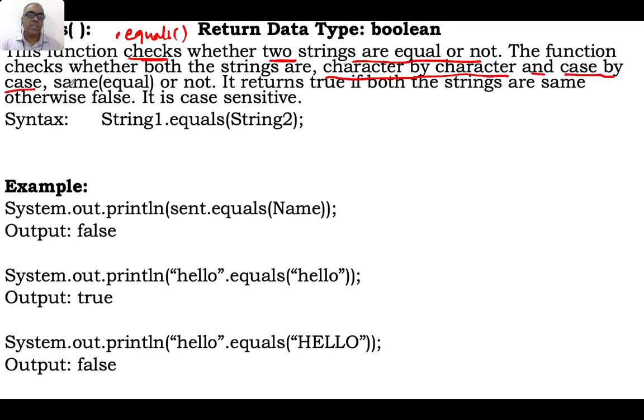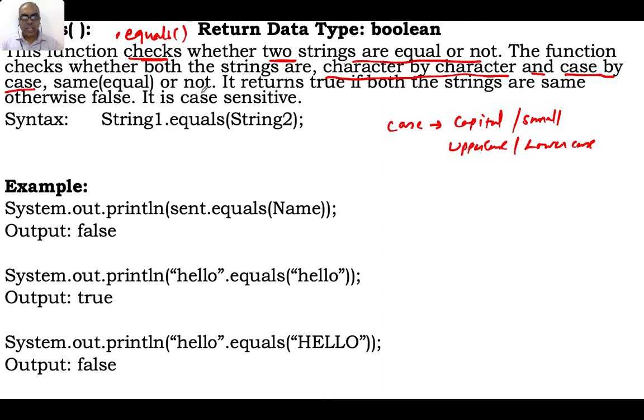So what is case? Case is nothing but capital or small letter, and in technical terms they are called uppercase or lowercase. So it will consider both. The characters must be same, and at the same time their case must also match.